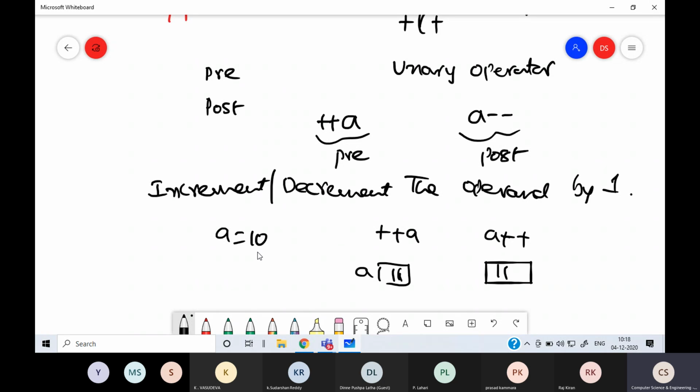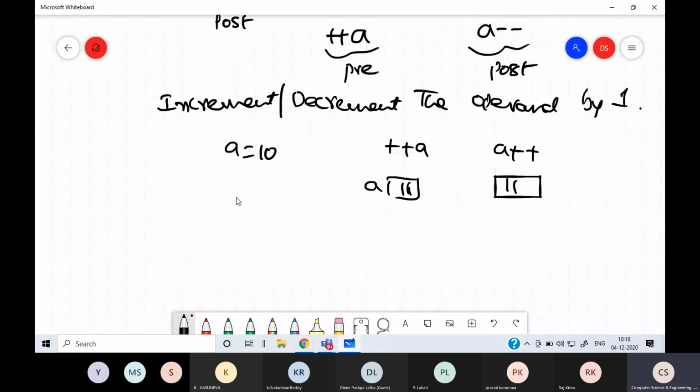There is no difference. Only when I take, suppose, B equals plus plus A, involving some other expression, an assignment operation in addition to the increment, and if I say B equals A plus plus, then there is a difference. But as far as the operand is concerned, whether you use it in an expression or alone, the operand is going to be incremented by 1.